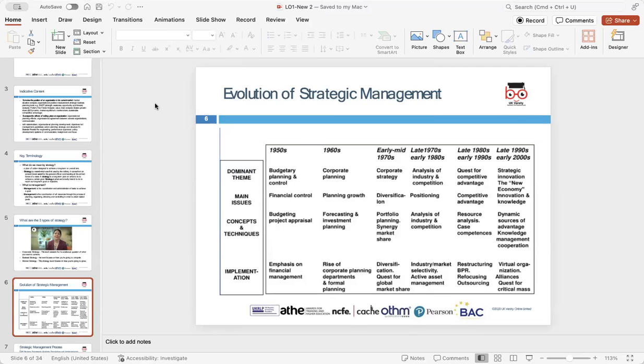Evolution of strategic management has seen significant changes from the 50s to the early 2000s. In the 1950s, the dominant theme was budgetary planning and control, focusing on financial management and cost control. Key issues, including financial control and techniques, involved budgeting and control appraisal.